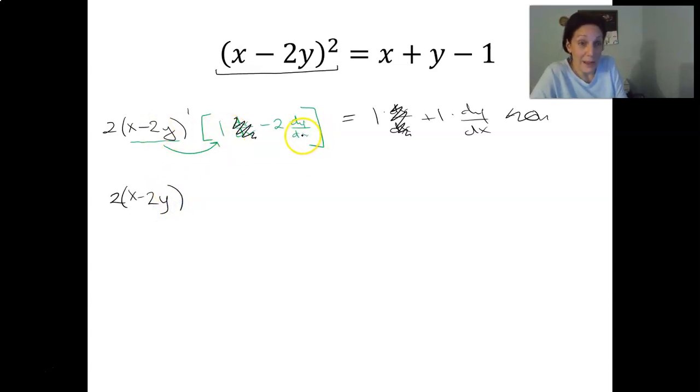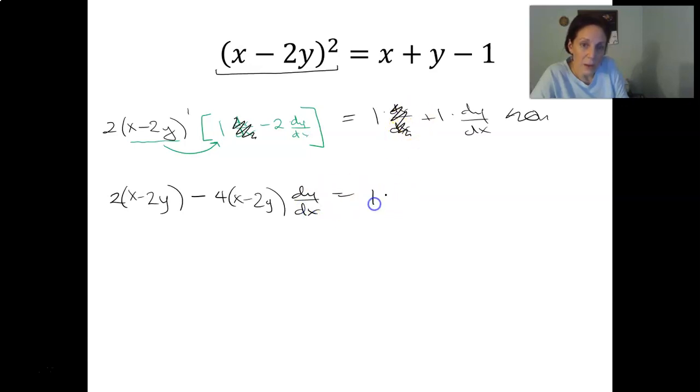Now, why do I need to do that? Because one of these terms is staying on the left, one of these terms is going to the right. So I have 2 times this quantity times 1, and then minus 2 times this quantity times 2 dy/dx. So I'm going to say 4(x minus 2y) dy/dx.